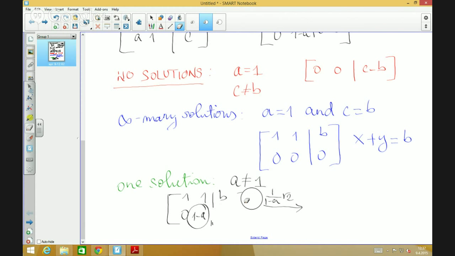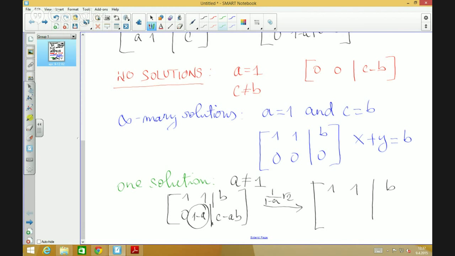I was really enjoying moving the A around, but okay, so C minus AB. Splendid. Okay, so we can divide and we get a 1 here, and here we have C minus AB divided by 1 minus A.